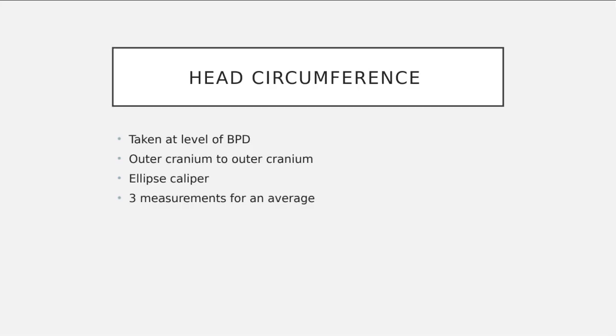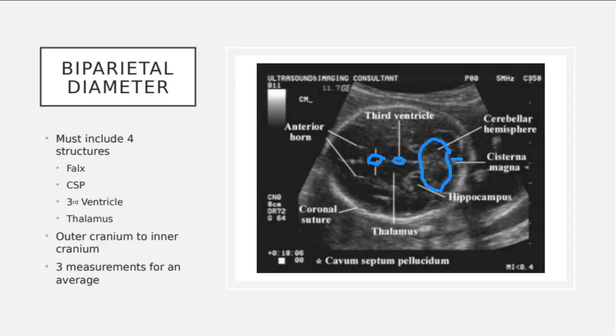head circumference. Okay, so any round structure that we need to measure, just like the abdomen on the baby, we are doing an ellipse. The only difference between a head circumference and a BPD is that for BPD, we're doing 1 anterior to posterior measurement. I kind of skipped ahead on that, didn't I? We are measuring from the outer cranium to the inner cranium.